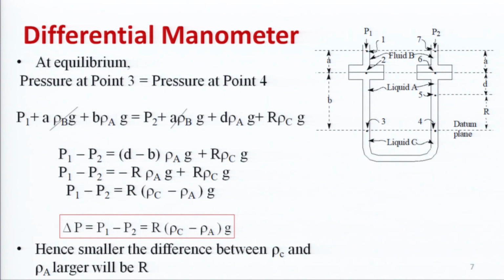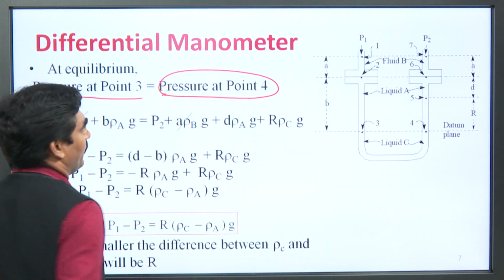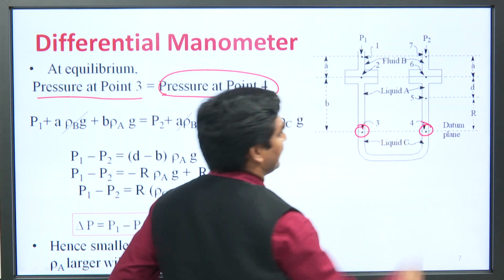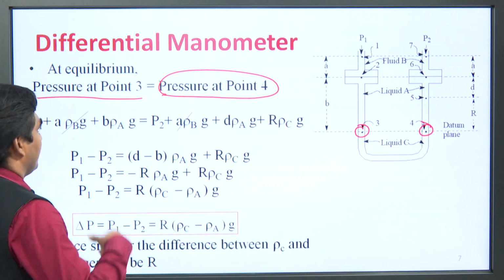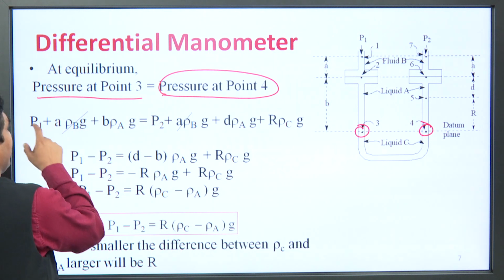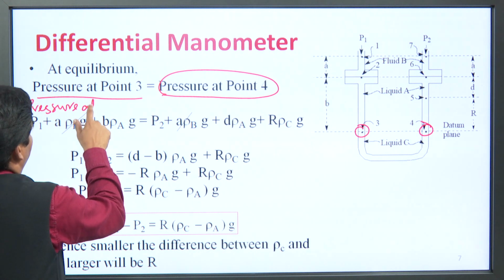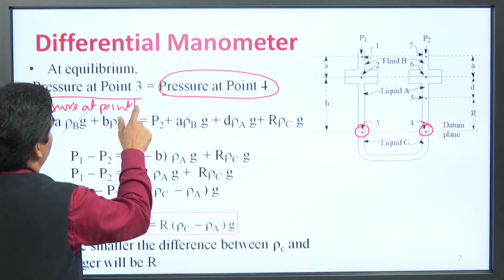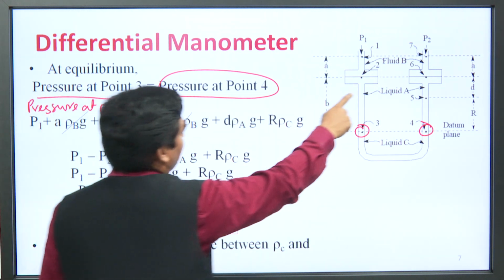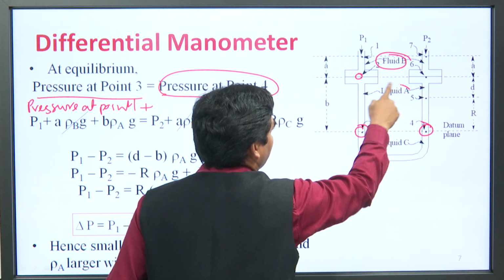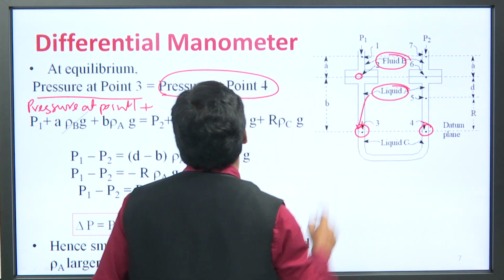Now, at equilibrium what happens? Pressure at point 3 will be equal to pressure at point 4. That means, pressure at this point will be equal to pressure at this point. So, how we will determine pressure at point 3 is: pressure at point 1 plus pressure exerted by this fluid B at point 2 and pressure exerted by liquid A at point 3.